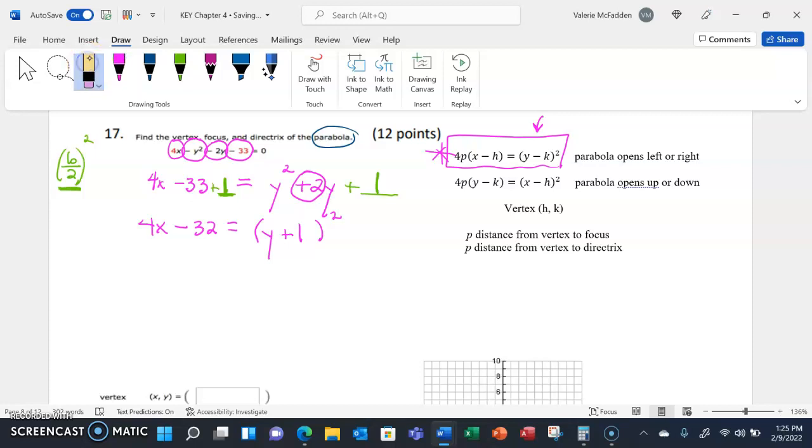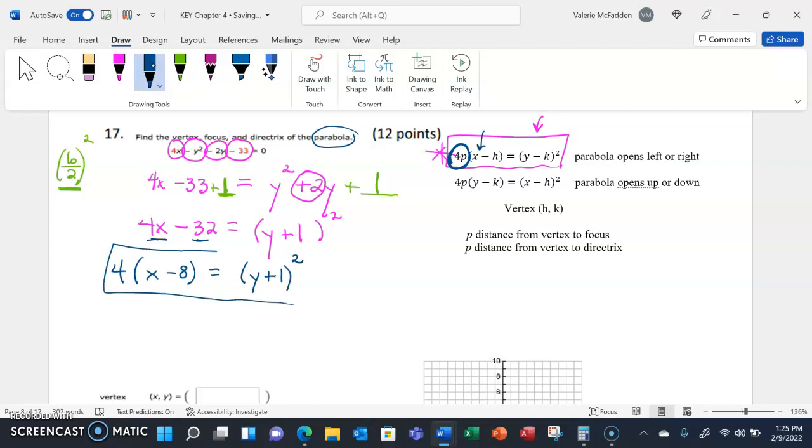Now we're going to factor out the 4 over here, so that the GCF has been factored out and we just have a 1x inside. We're going to factor out the 4 so that we have 1x minus 8 equals the quantity y plus 1 squared.